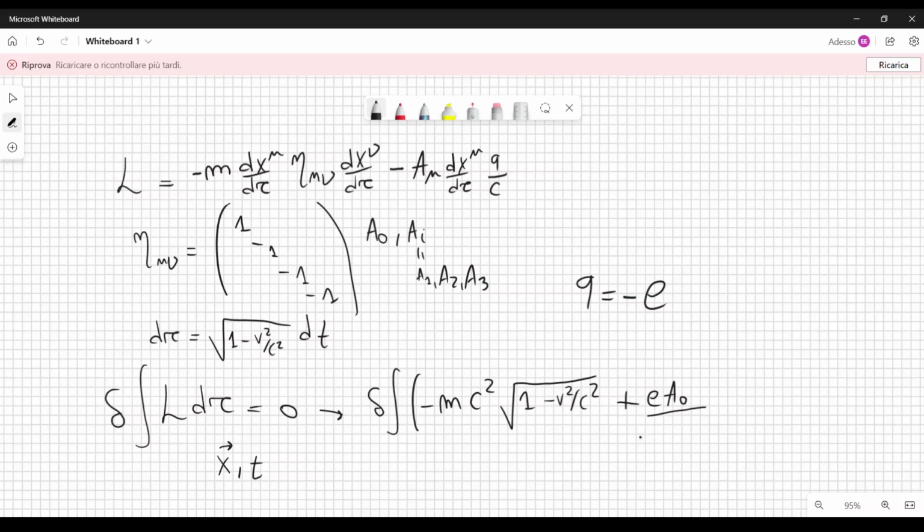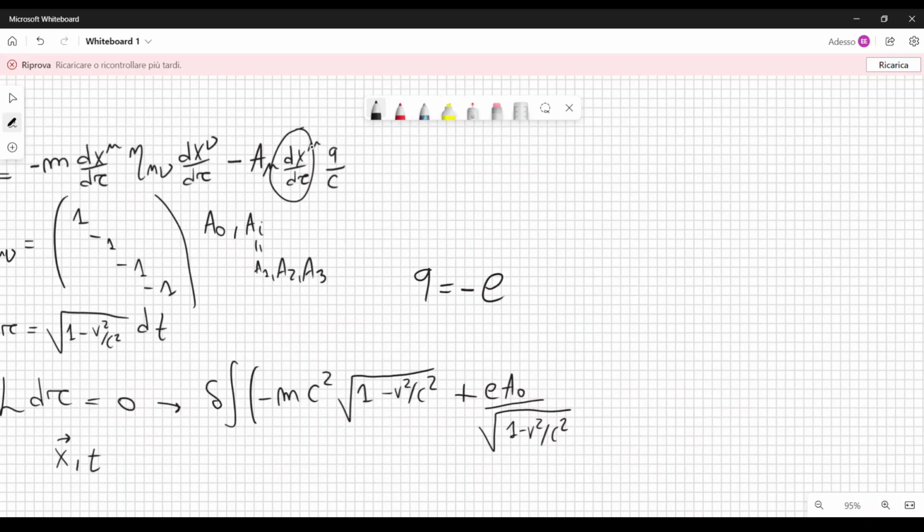EA0 divided by the square root of 1 minus v squared over c squared, and this factor appears simply because I have d tau in this expression. So dx mu is composed by dx0 d tau and the vector dx d tau.